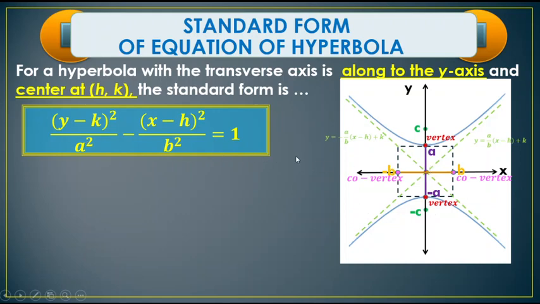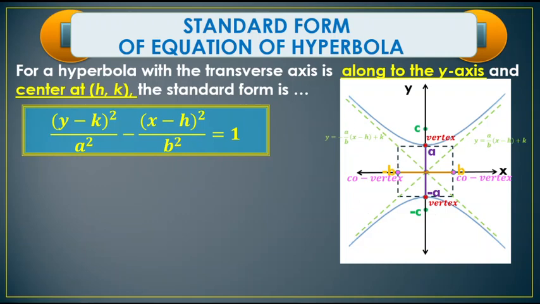So, ito yung formula ang gagamitin natin kapag yung transverse axis naka-vertical o yung transverse axis along the y-axis. Okay? So, kapag si x naman ang naka-squared, kapag si x yung positive, yung x squared is positive, horizontal tayo.